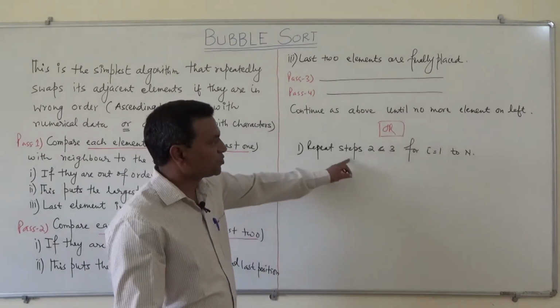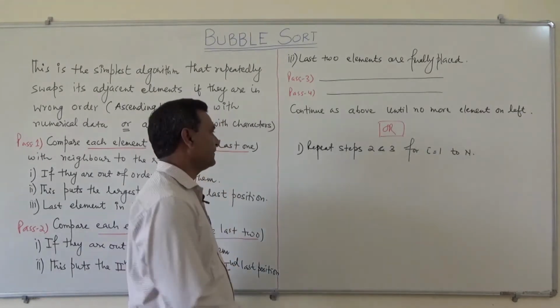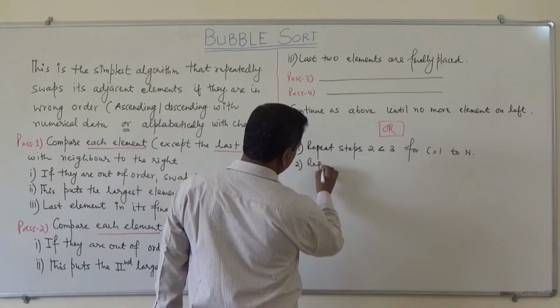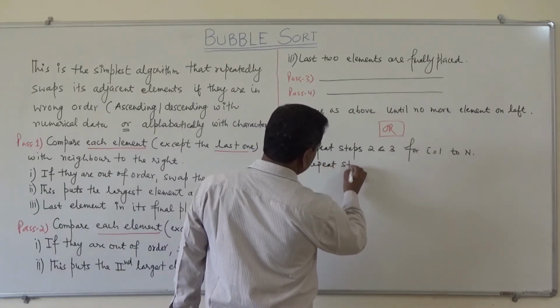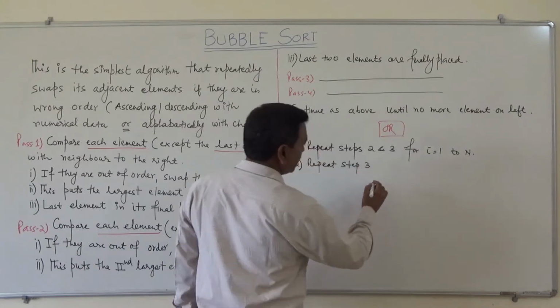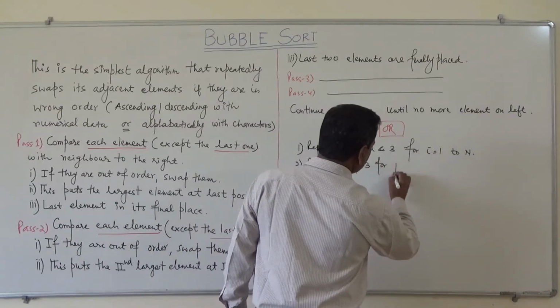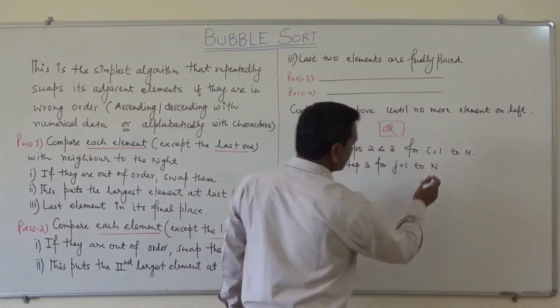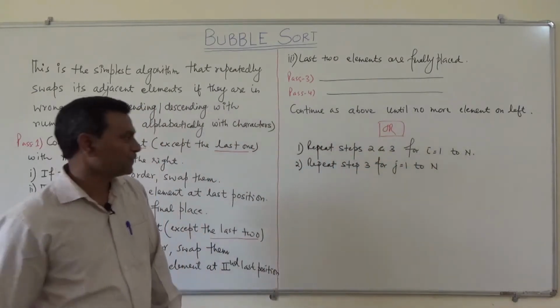Step 2: repeat step 3 for j equals 1 to n.